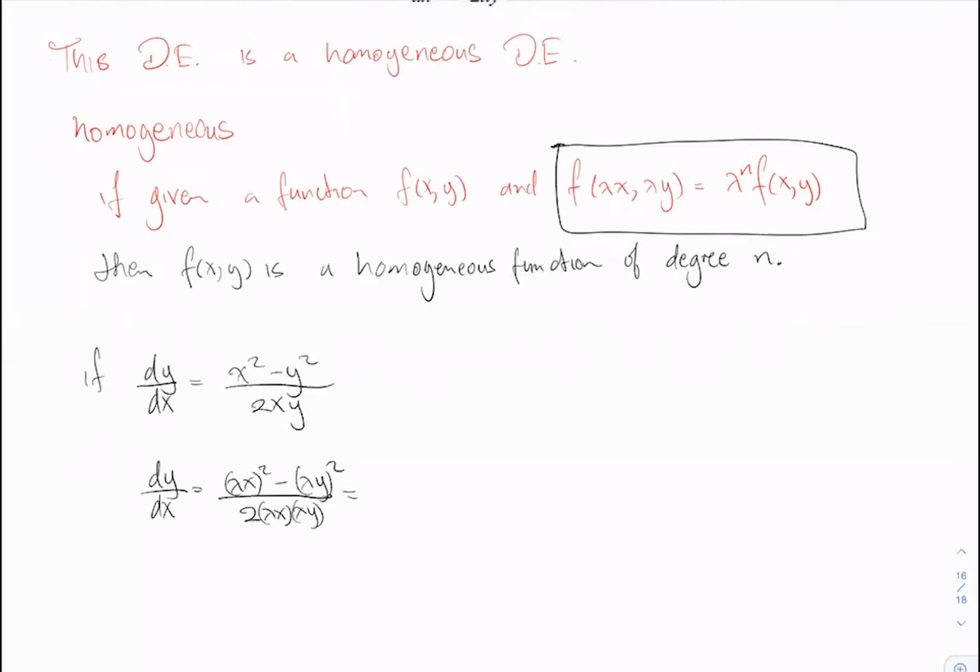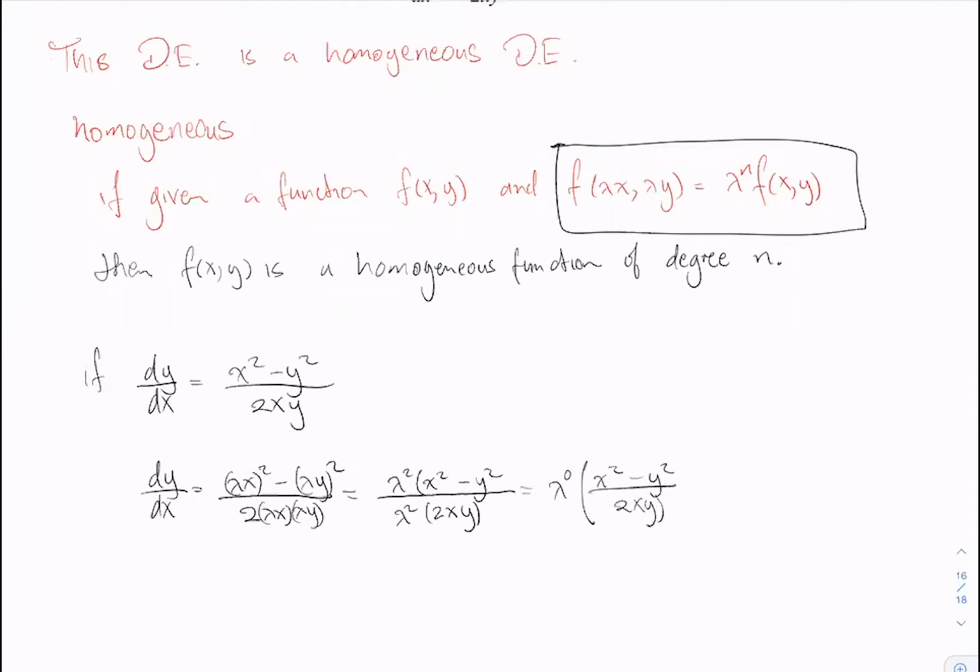I can take out lambda squared out of the first part, so that's lambda squared times x squared minus y squared. I can also factor out lambda squared out of my denominator, so this becomes 2 times x times y. Both lambda squared cancel and we're left with lambda raised to the 0 times x squared minus y squared divided by 2xy.